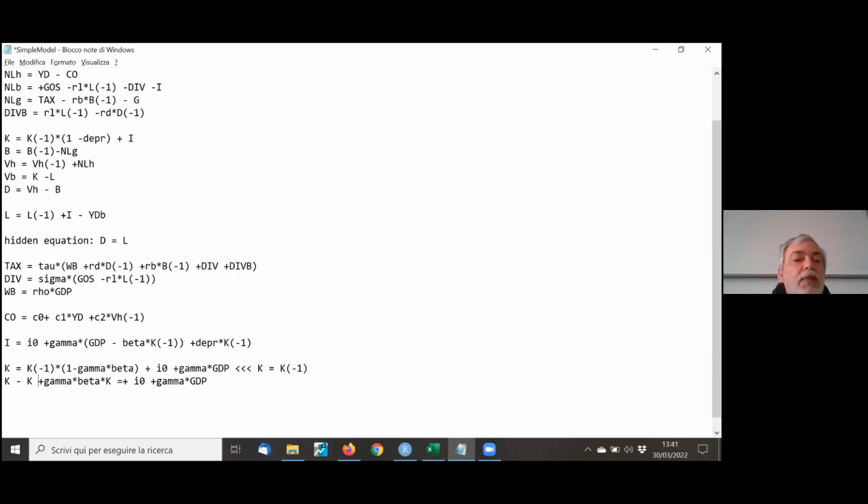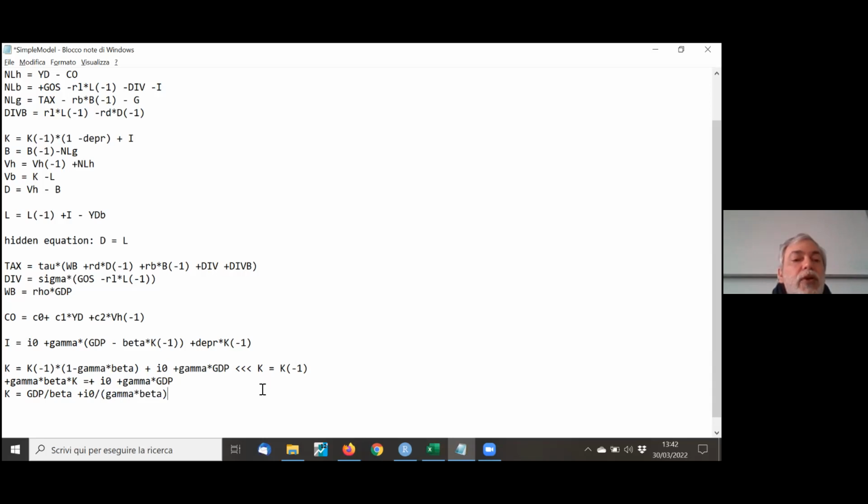So k minus k drop out, and we have that k will be equal to GDP over beta. But as I feared, we also have this term which will be annoying, but it's a constant, so it should not bother us too much.